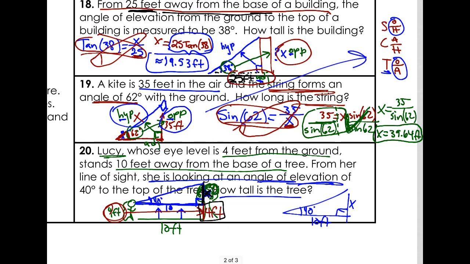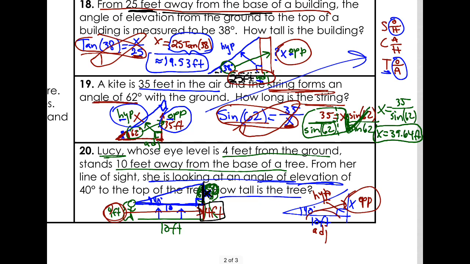So now I can go ahead and label my triangle. We have the hypotenuse. We have the angle here, so that's our opposite. And then we have our adjacent. So now, if we look at our trig functions, we're going to use the x.